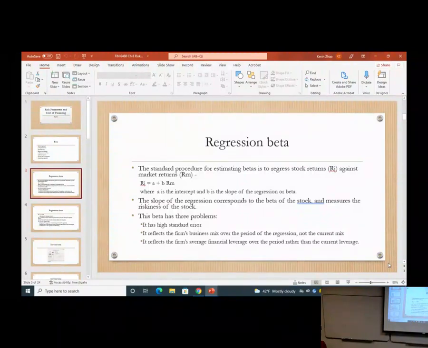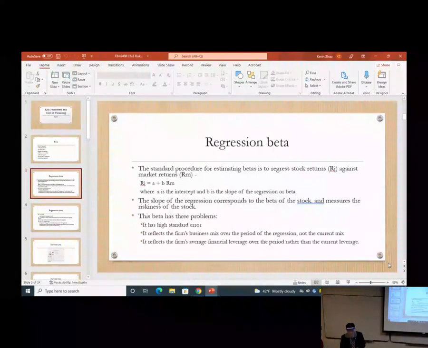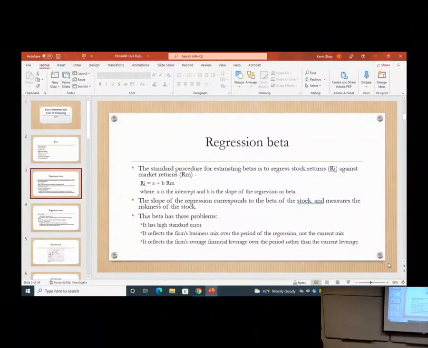Right? And in addition to a lot of small issues that you need to fix, this beta has certain limitations. First of all, this beta estimate may not be statistically significant. You need to look at standard error and the t-statistics, right, to see if this beta is truly distinguishable from 0.